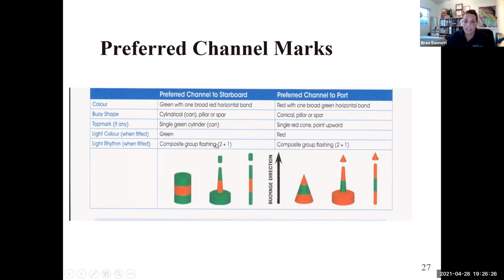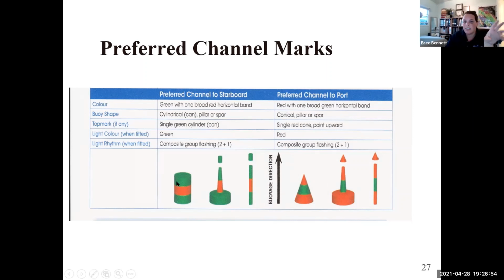Their light characteristics are always a composite. So you have a flash, flash, and then another flash, flash, flash, and then another flash. The main way to treat this buoy would be as a green buoy. So it has a green light and that squared off top mark, if it has a top mark.